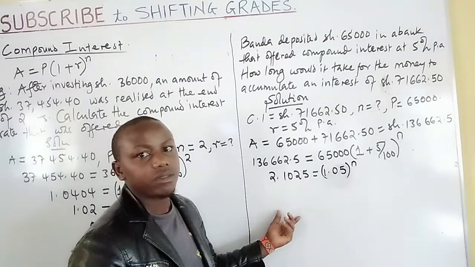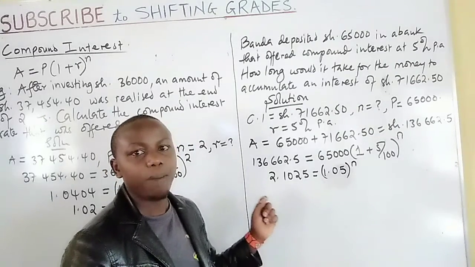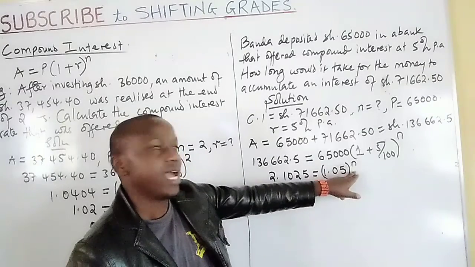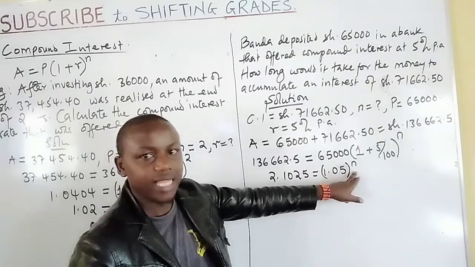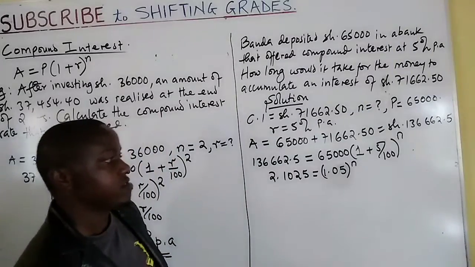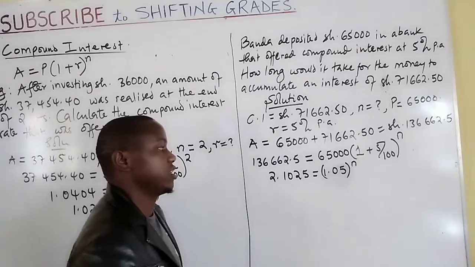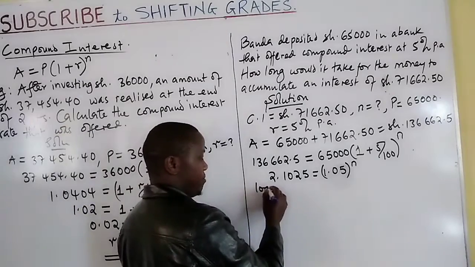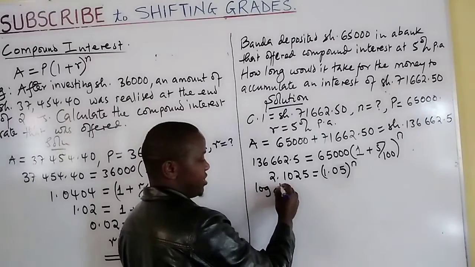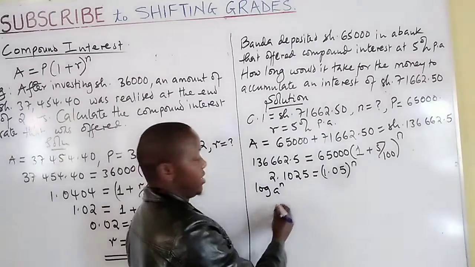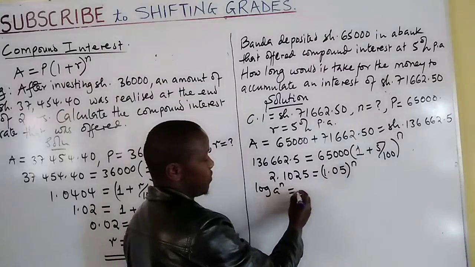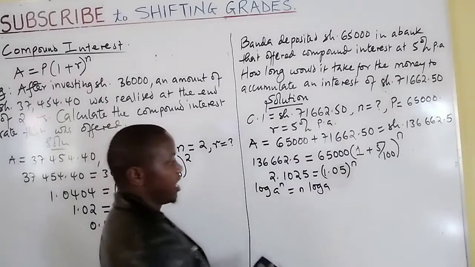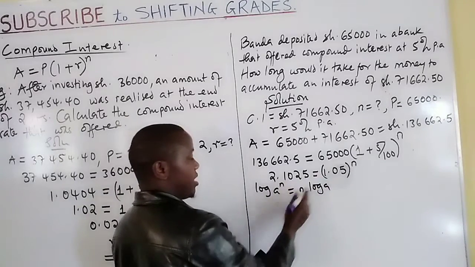Now, at that point we have an unknown, which is an index in this case. Therefore, one of the laws of indices and logarithms is that the logarithm of a raised to an index n is equal to n times the logarithm of a. So on this note, we can employ logarithms here.